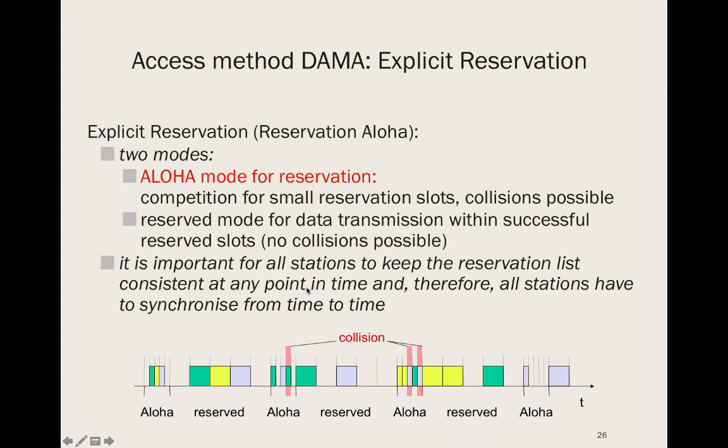But when reserved, there is no problem sending the data, which is the second mode. In the reserved mode, the time slot is booked for that station, and that station can transmit without collision. It is important for all stations to keep the reservation list consistent at any point in time. That's why the stations have to synchronize regularly.